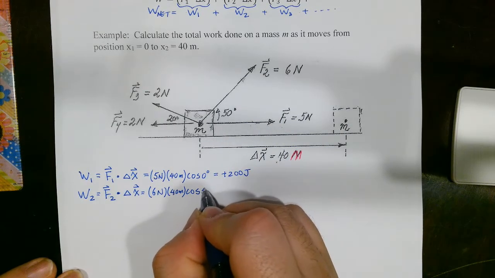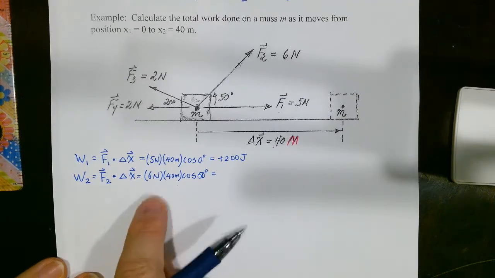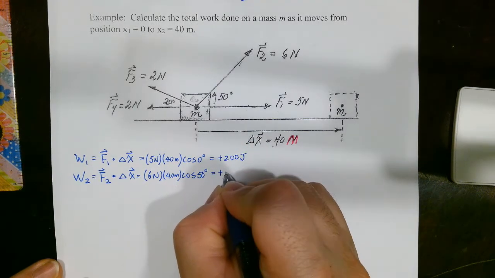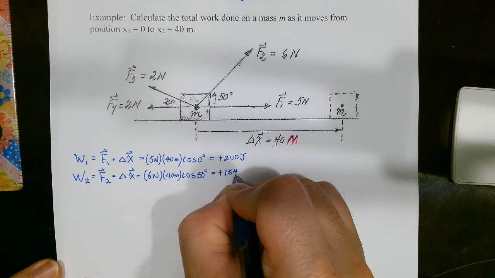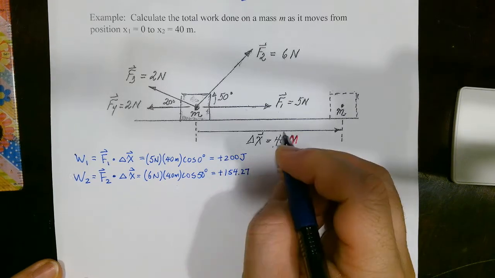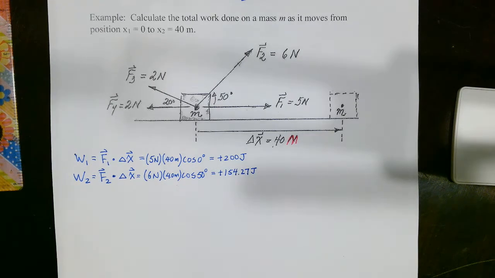So it's cosine of 50 degrees. So if I work this out, you'll get positive 154.27 joules. All right.